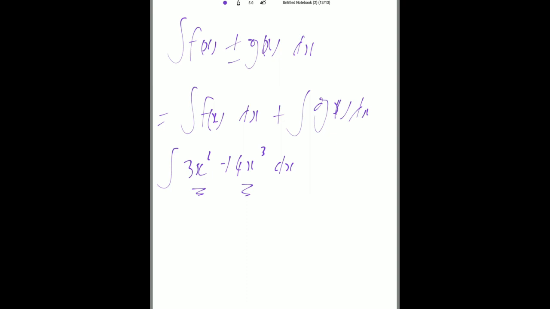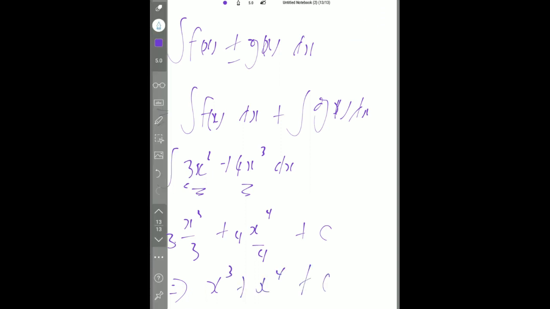So what would that leave us with? We would be integrating x squared, and that would leave us with x cubed over 3, multiplied by 3, plus x to the 4th over 4, which will be multiplied by 4. And then we're going to be adding our constant of integration, which will leave us with x cubed plus x to the 4th plus c.